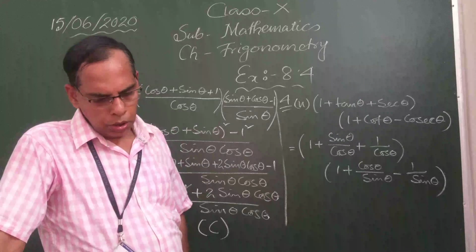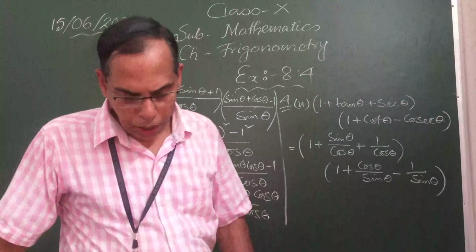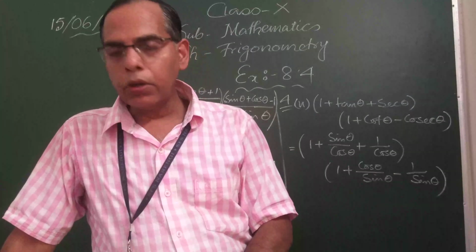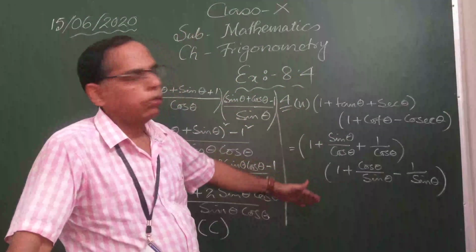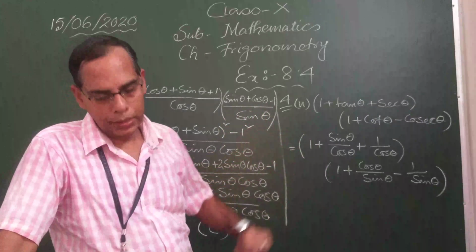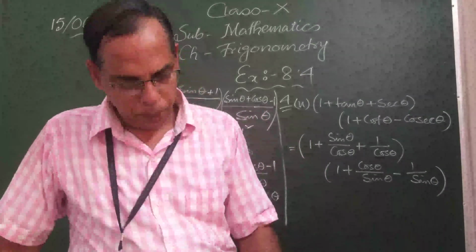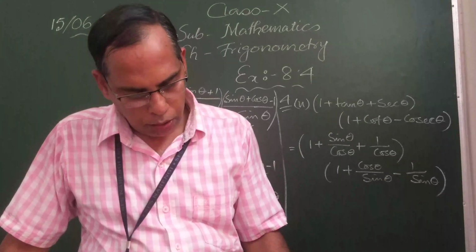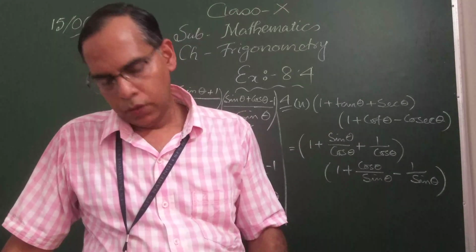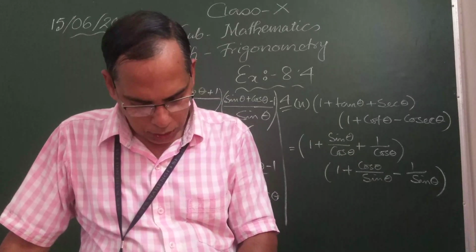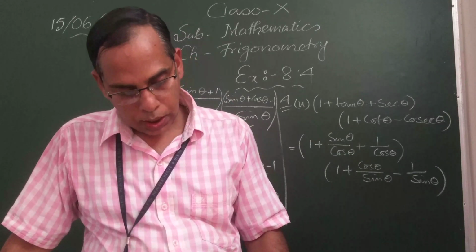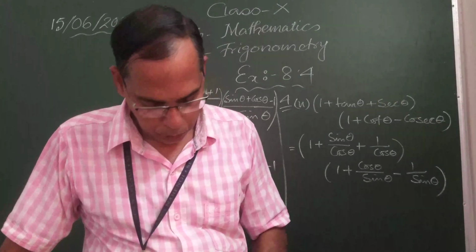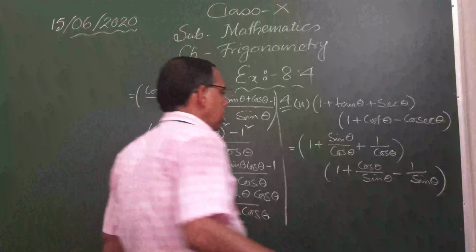Roman 3 you do by yourself, because it is the same process: you convert, and then you multiply, and you get the answer. Roman 4 I'll do, and there is another question in 5 Roman 10, (1 + tan²A)/(1 + cot²A), one part is the same. So that one you will do. So let's see, 4 Roman 4.